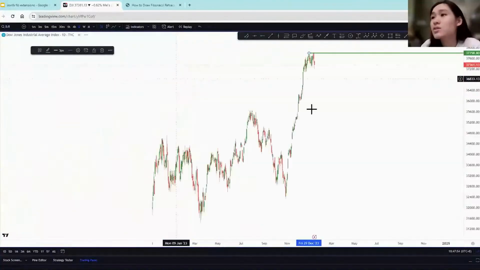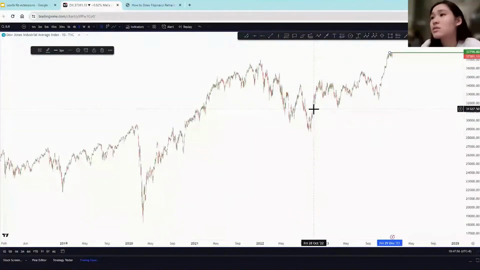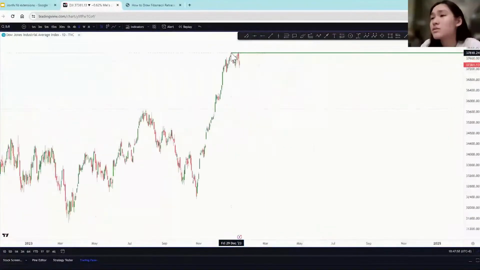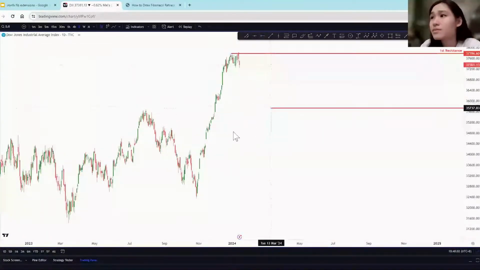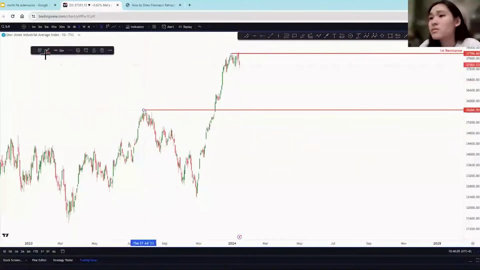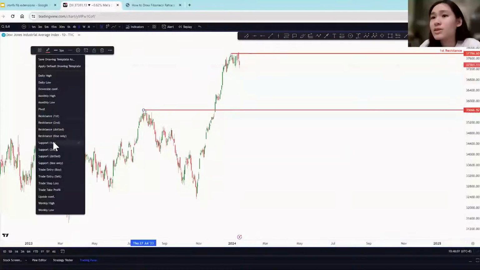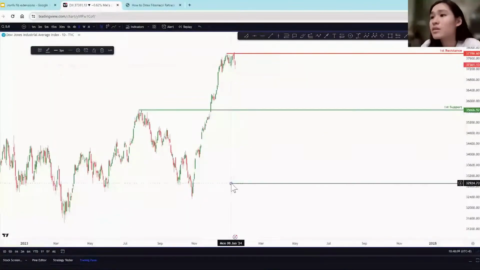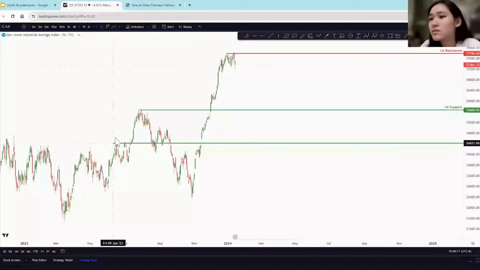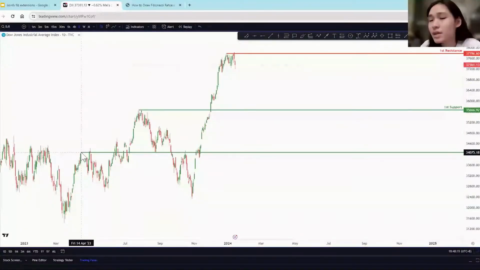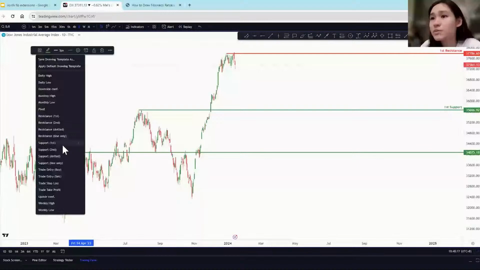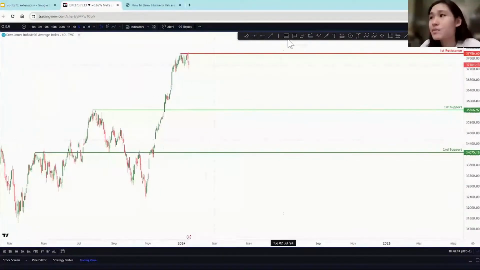Okay, here is our first resistance. Okay, this is our first support, and I think this would be our second support.